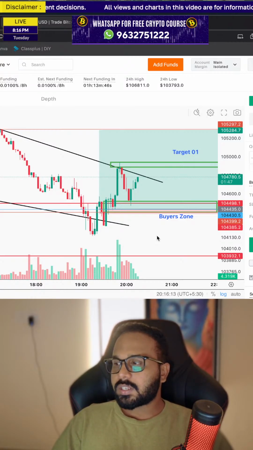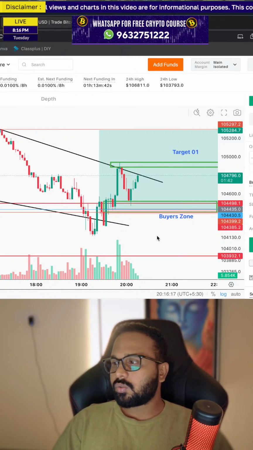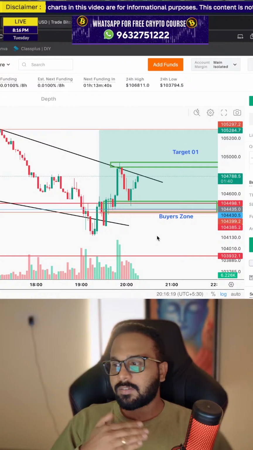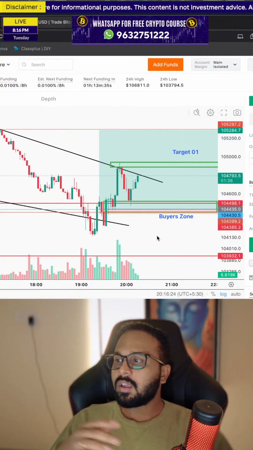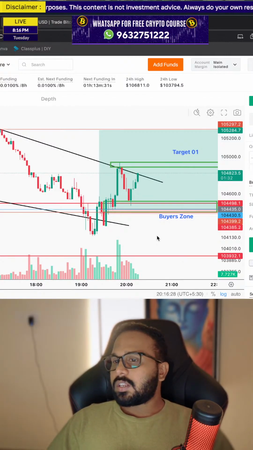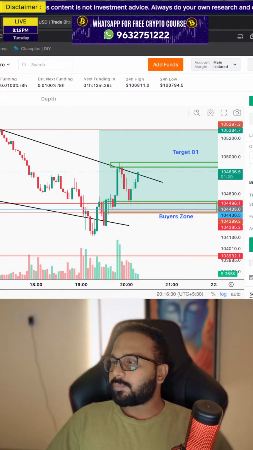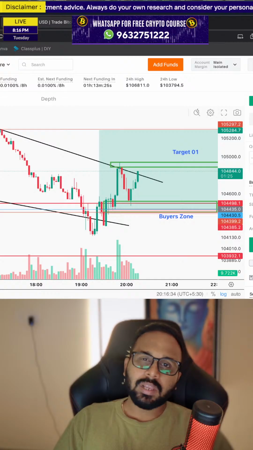We have to look at S&P 500 and Nasdaq. In those two, only S&P 500 has given a positive sign. It has broken the day's high, but Nasdaq has not yet done that. That is why I'm waiting for that to break. If that gives a solid breakout, then it will be very, very helpful for our trade.